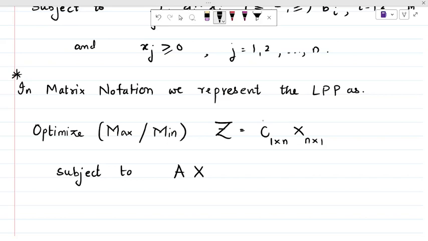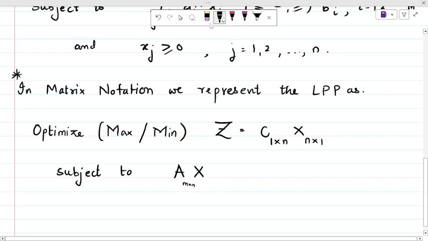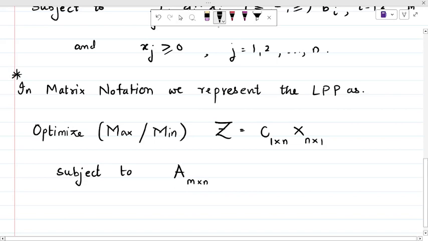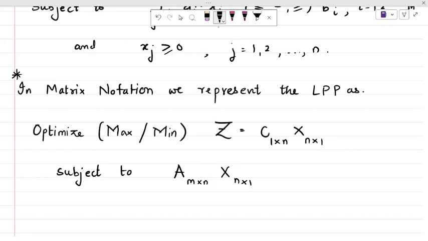So A is an m cross n matrix, m cross n into x, which is n cross 1, which is less than or equal to, or greater than or equal to, the matrix B. Okay, the small b matrix, you can label it with m cross 1 conditions.